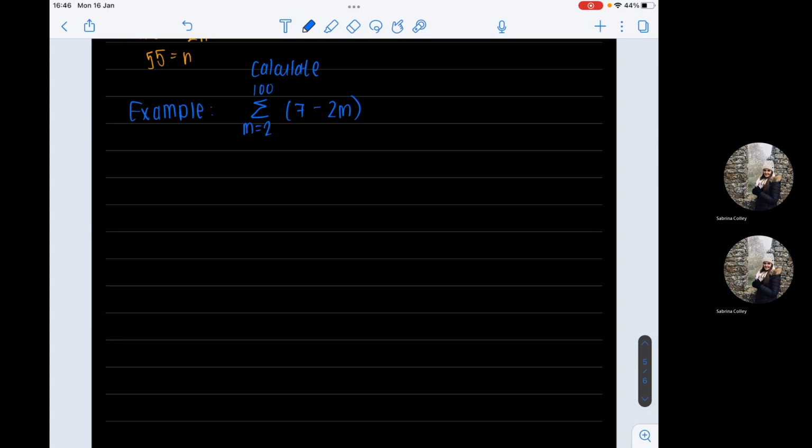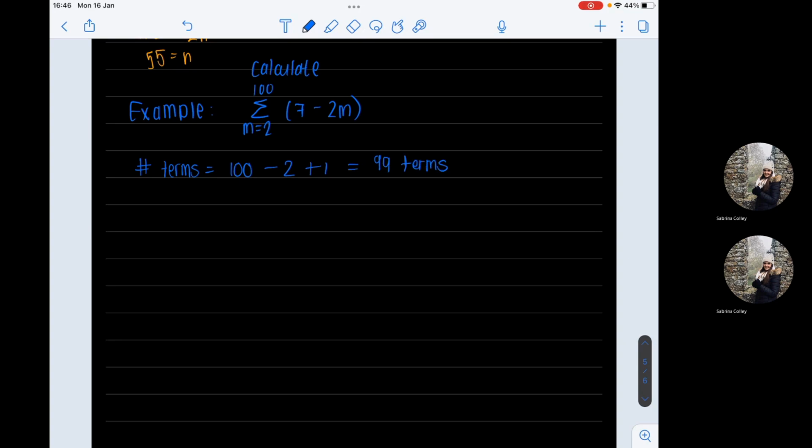So you would go, okay, how many terms do I have there? The number of terms is equal to the top minus the bottom plus 1. That would give me 99 terms.